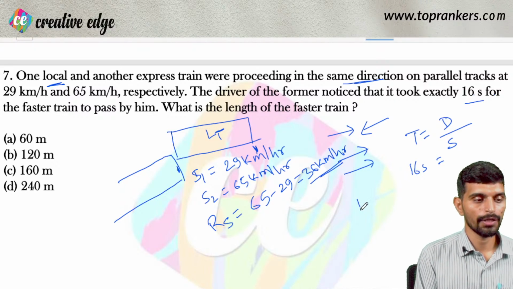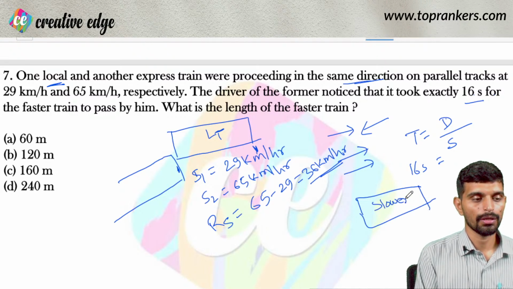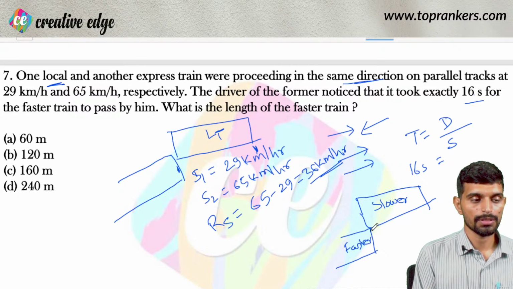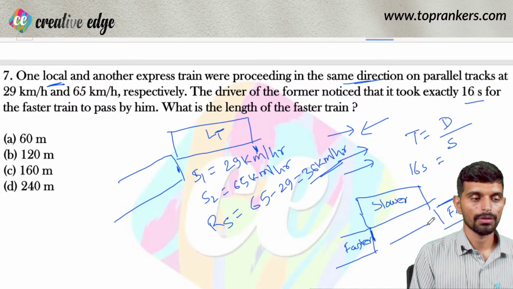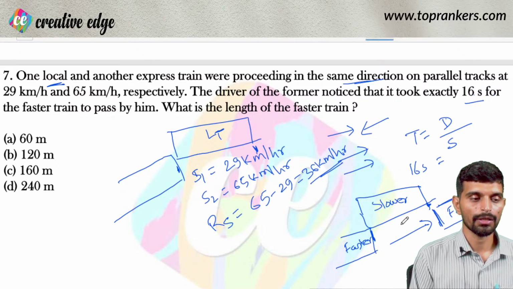So when did this overtaking start? So let's say this was the slower train, and as soon as this faster train, so this is the time at which overtaking starts, and when this faster train leaves, the last bogie of the faster train crosses the engine of the slower train, then the distance that the faster train covered is equal to the length of the slower train.